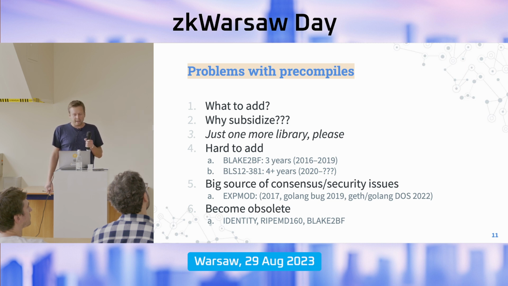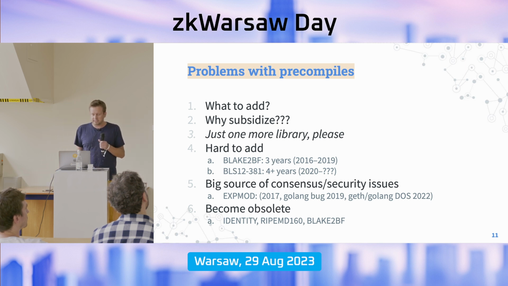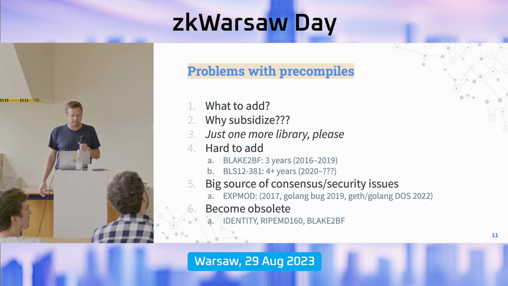And it's really hard to add them, and sometimes it takes years. For example, Blake2 was proposed in 2016, but it was introduced 3 years later. So people were promised that some functionality would be added to the stack, but they had to wait 3 years to have it done finally.